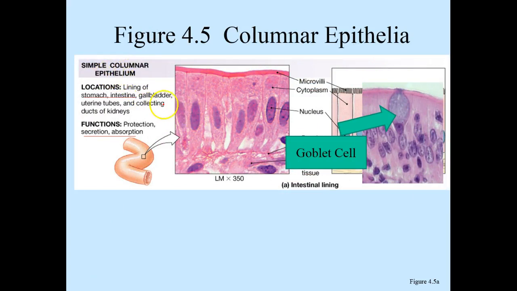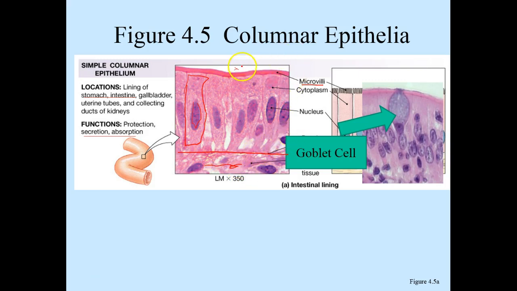Simple columnar epithelium. You could definitely see the column-shaped cells. See the nucleus. There's your free space. One of the features here that you see is microvilli. This is your basement membrane, and then this would be your connective tissue here.